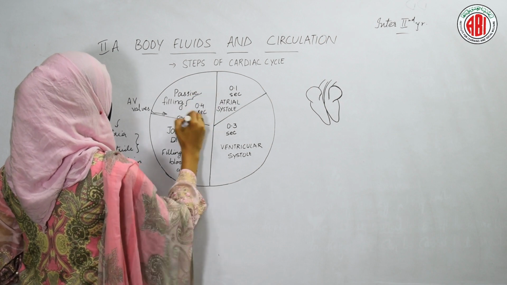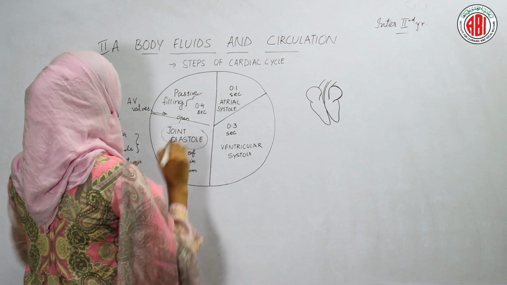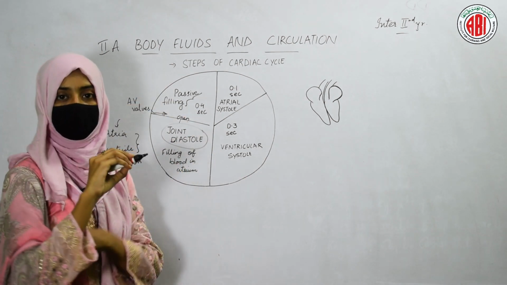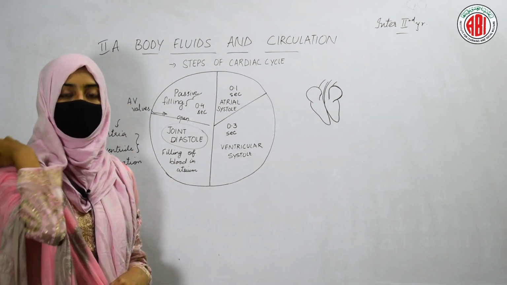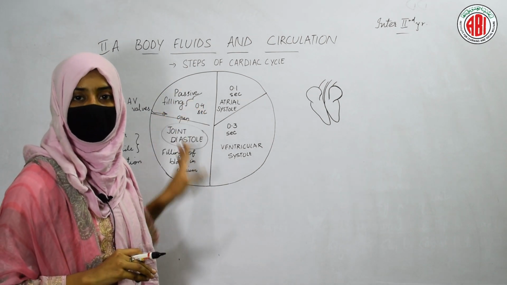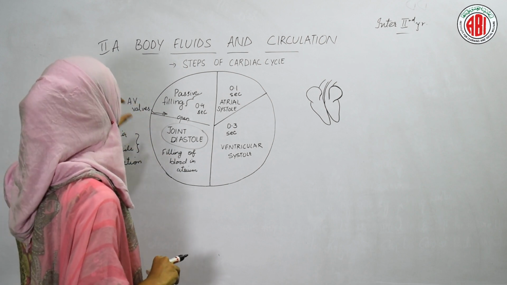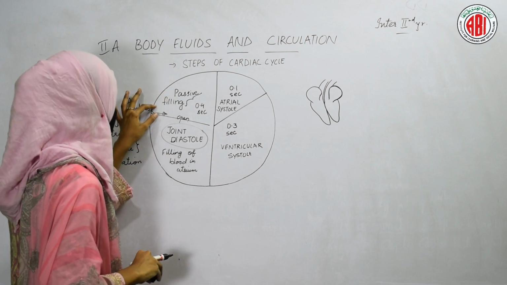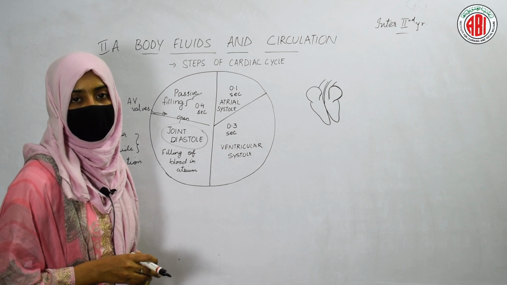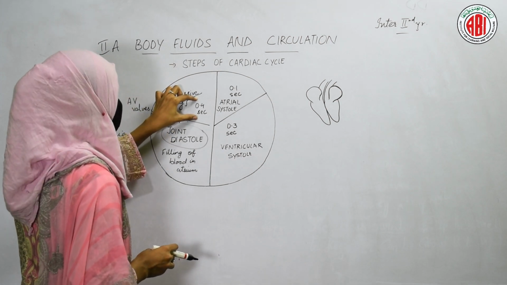Whenever the blood is pushed into the ventricle from the atrium without any contraction, that type of filling is called passive filling. Passive transport of the blood takes place. All these things happen within 0.4 seconds.